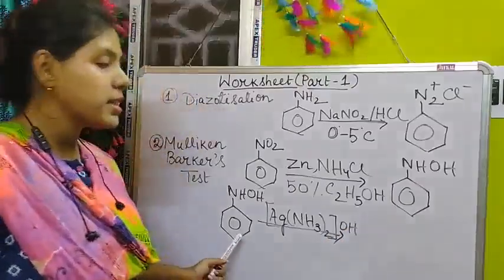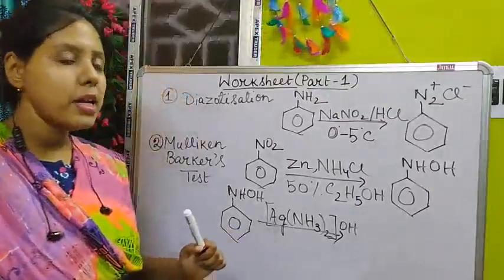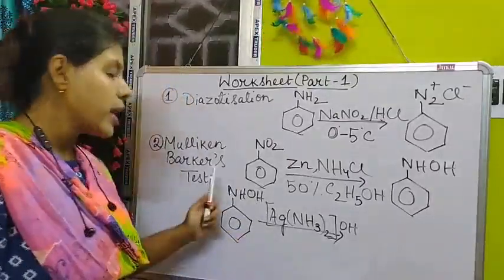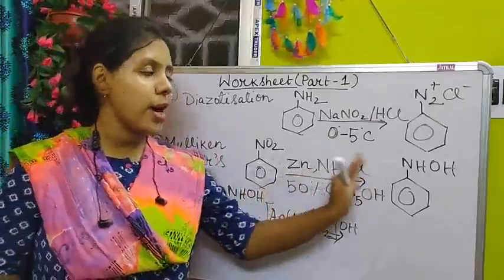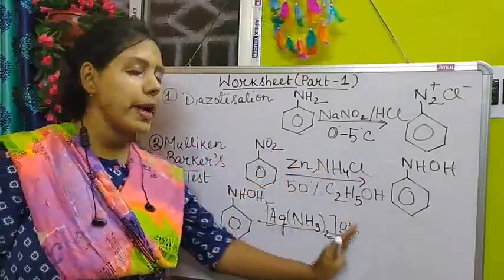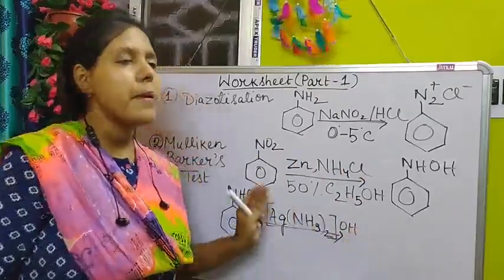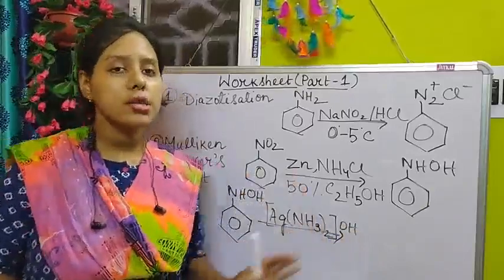After treating this hydroxylamine with Tollens reagent, the compound will be oxidized. In the first reaction there was reduction; in the second reaction there will be oxidation, but it will be a partial oxidation.